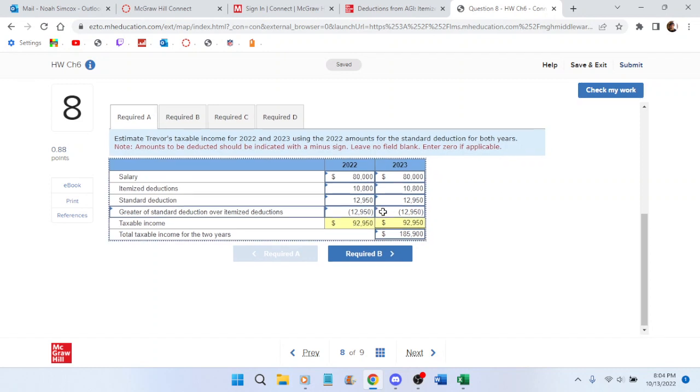Now, why on earth does this total up to 92,950? It doesn't make any sense. It should be this minus this. How does this not work? Hello? Are you stupid? Oh, that's funny. This is stupid. They literally did it wrong.